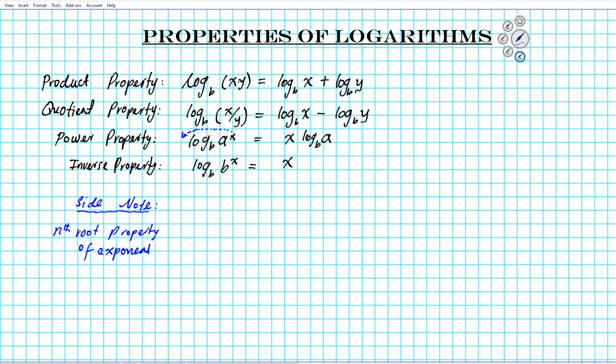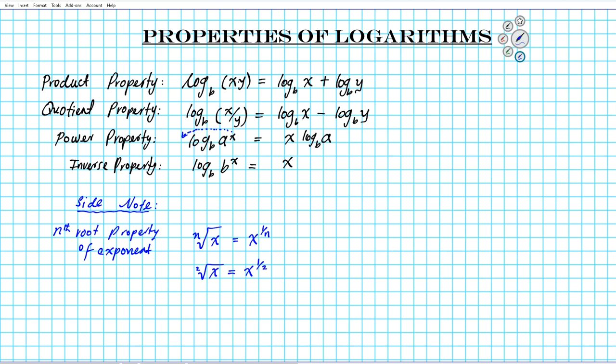If you have the nth root of a term, let's say the nth root of x, you can write this radical as a rational exponent, x to the 1 over n. And in the special case, if we have the square root of x, that's going to be x to the 1 over 2 because there's an invisible 2 right here. So just keep these two additional properties in mind because we're going to be using them in our problems.